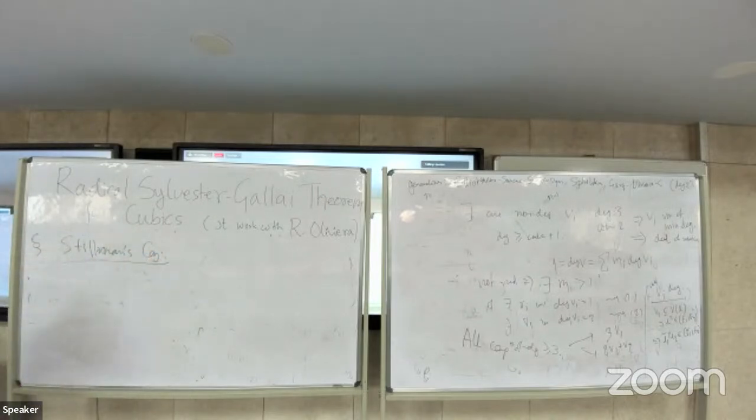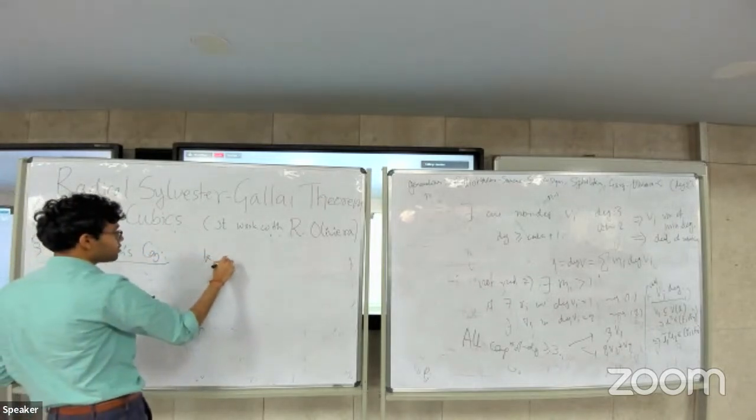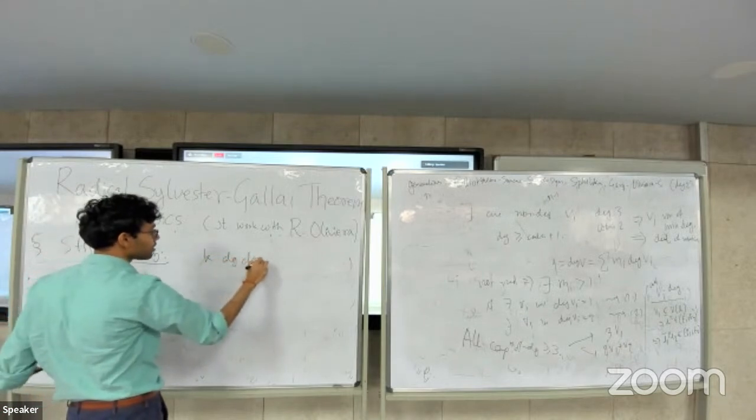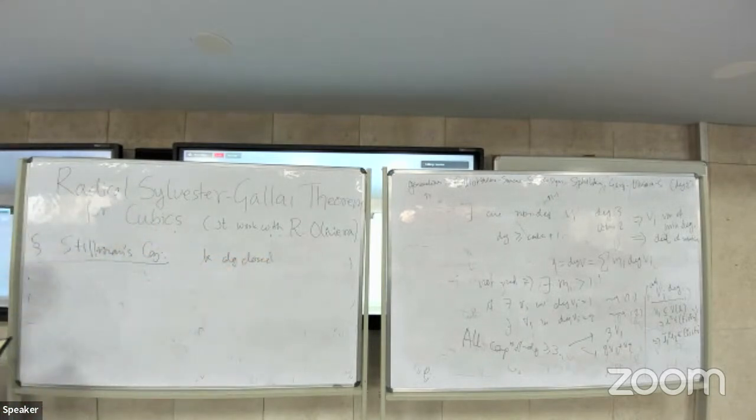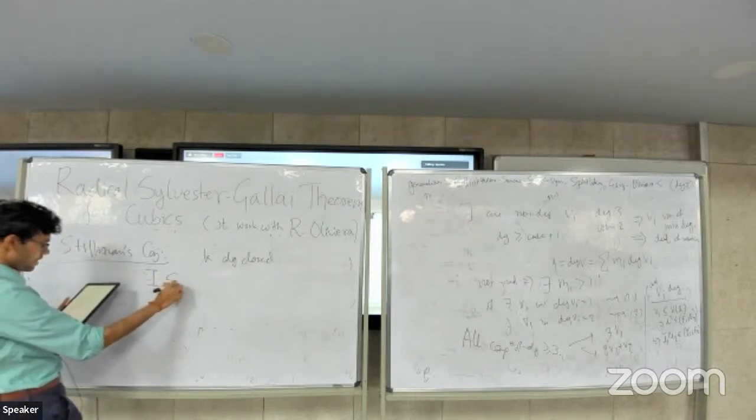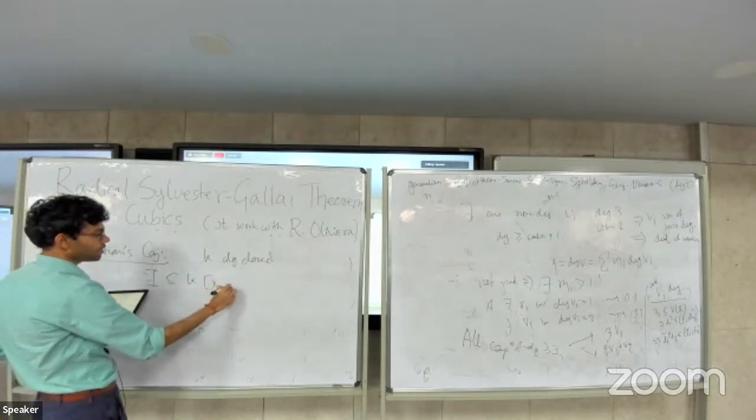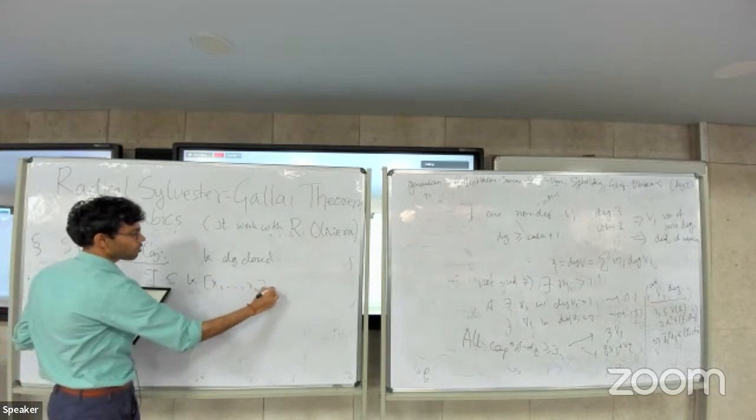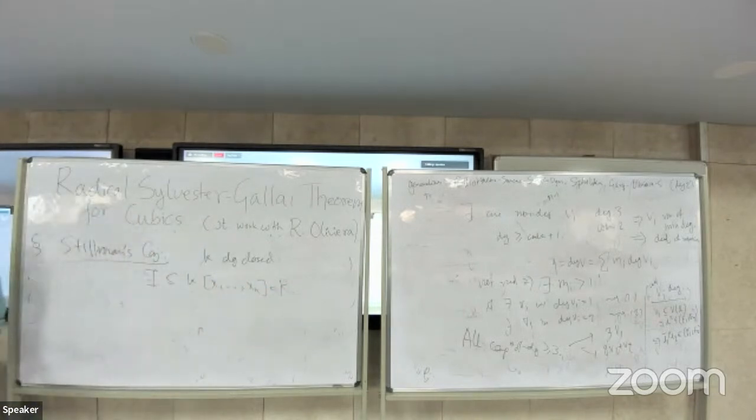So what is Stillman's conjecture? Let's say K is an algebraically closed field. Then Stillman asked this question: if I take an ideal inside of the polynomial ring, let's call it R.